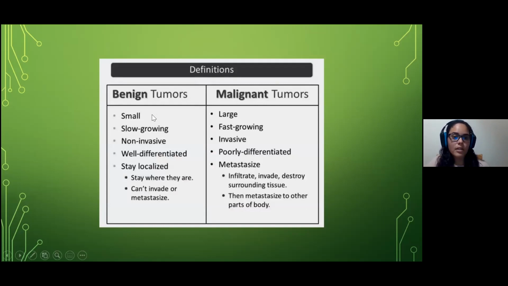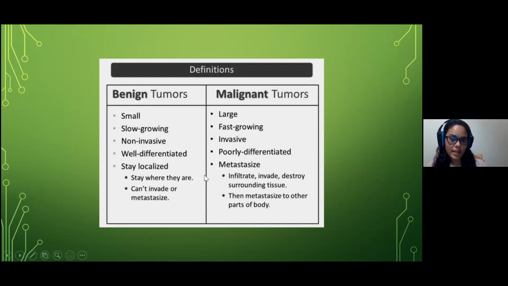The benign ones will be small, slow-growing, non-invasive, and well differentiated. They stay localized, so they don't metastasize. In contrast, the malignant ones are very large, fast-growing, invasive, and poorly differentiated. This is very important, and they like to go everywhere.